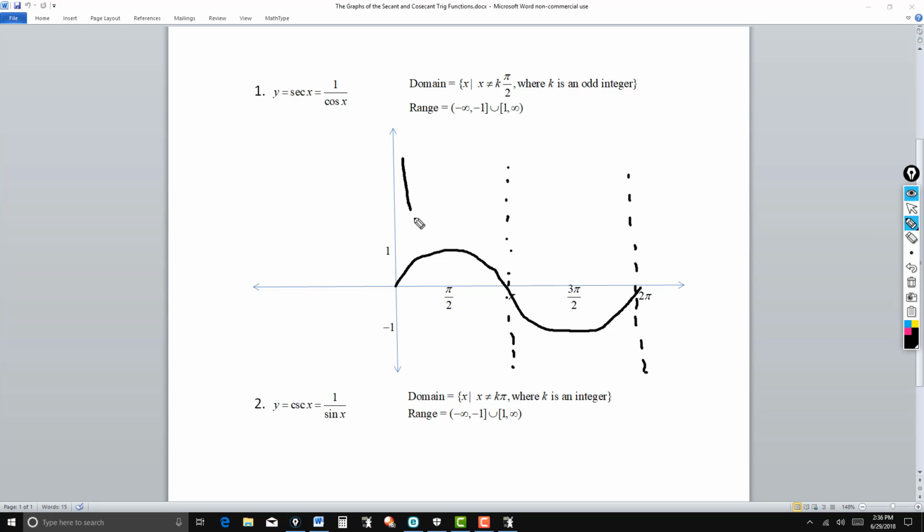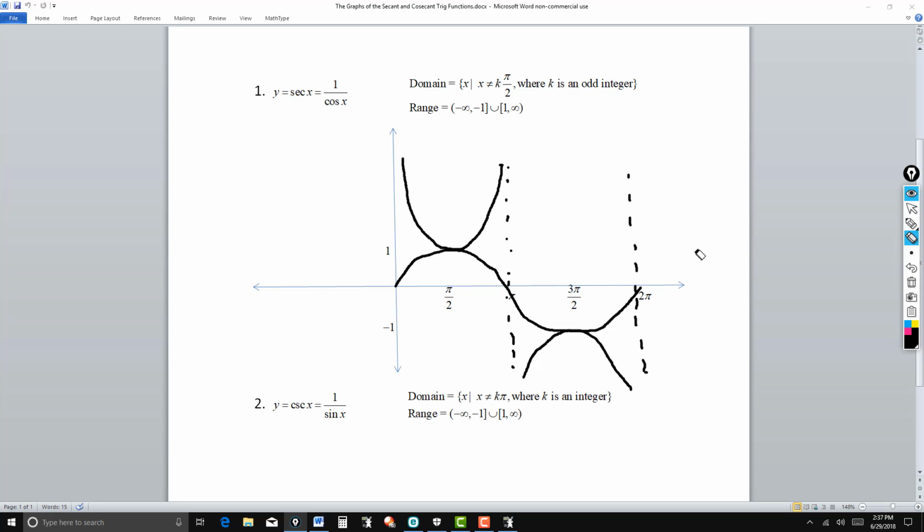You go down, touch that high value right there, and then go up like that. Then over here, go up, touches there at 3 pi over 2 and -1. It approaches the vertical asymptotes on the left and on the right here. And then if I go ahead and delete the graph of sine of x, this is the graph of y equals sine of x right here, 1 period of it.